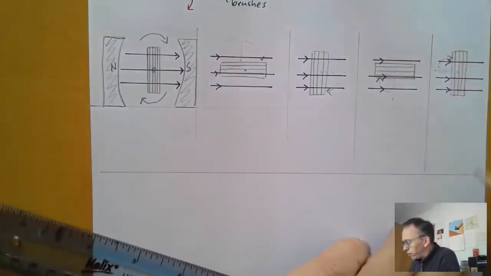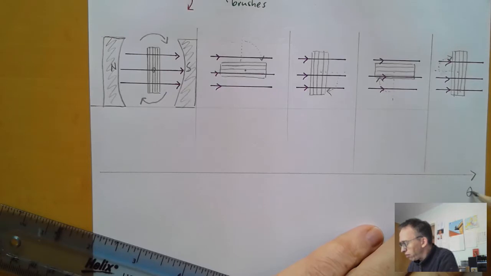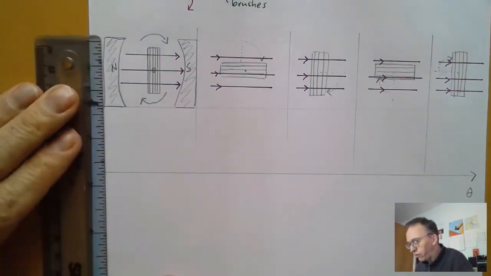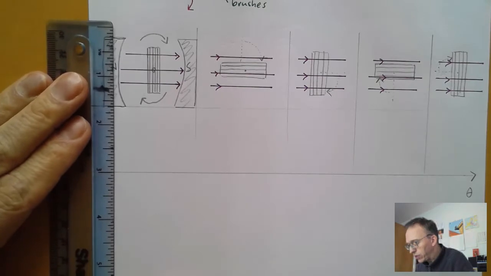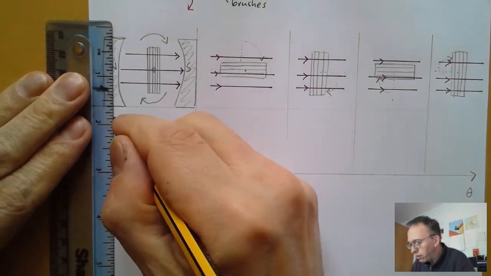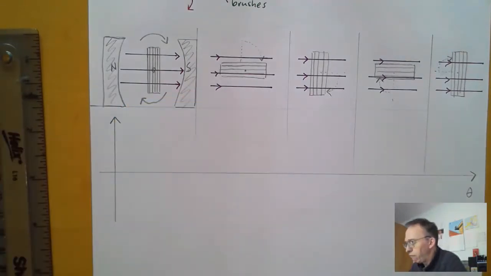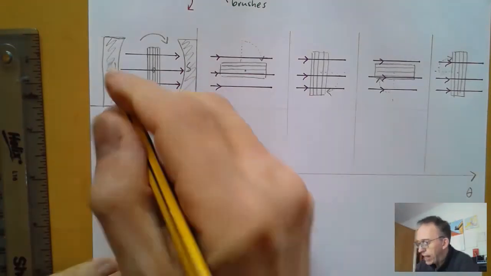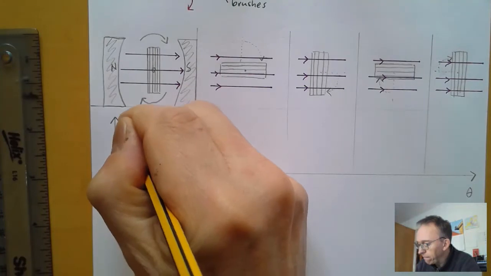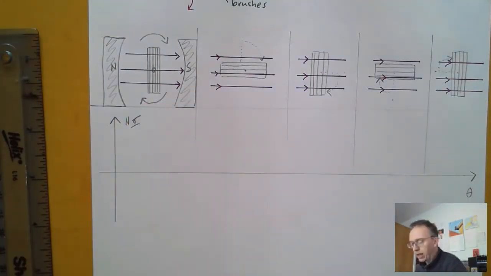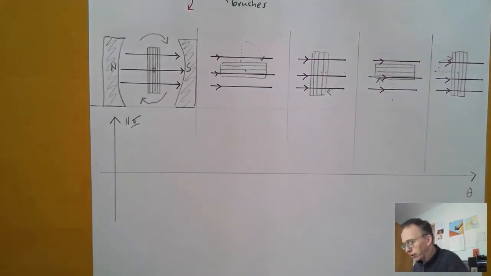So this is going to be an axis representing the angular position, theta, of the coil, and on the vertical axis we want to represent the flux linkage, N phi. Okay, now let's see.